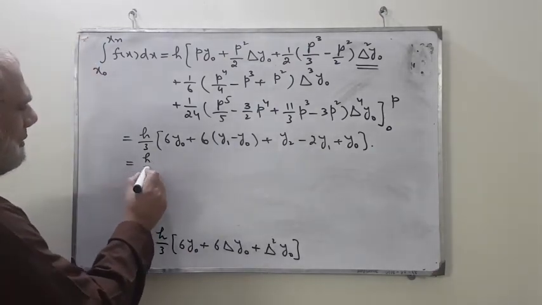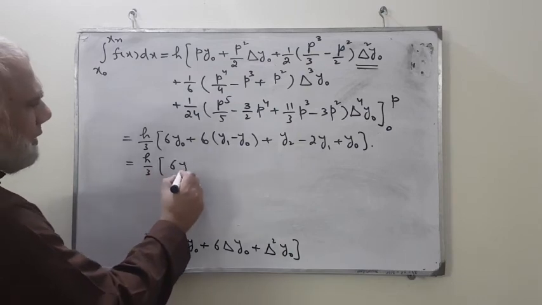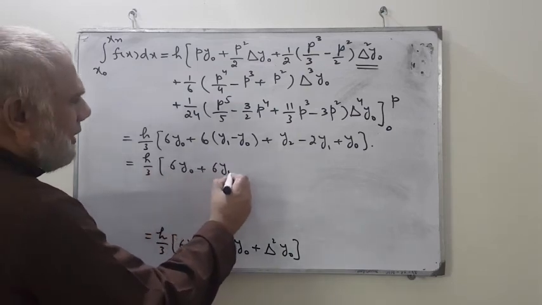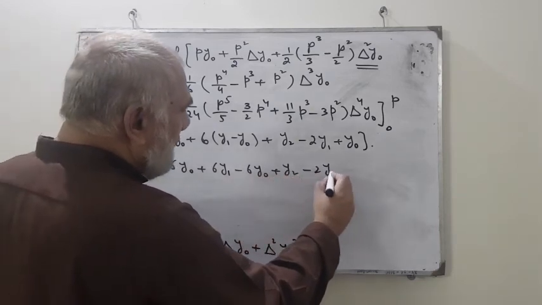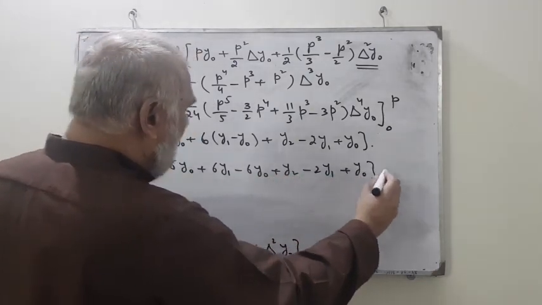So this can be written as h/3 times 6y0 plus 6y1 minus 6y0 plus y2 minus 2y1 plus y0.